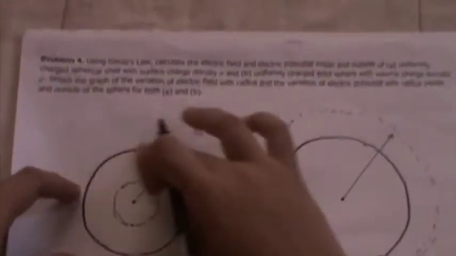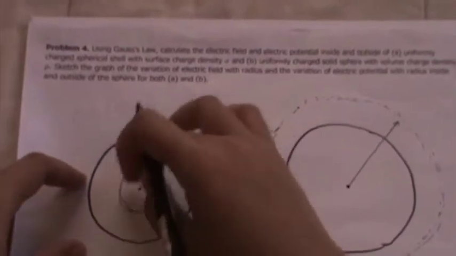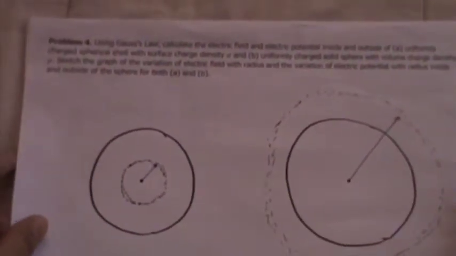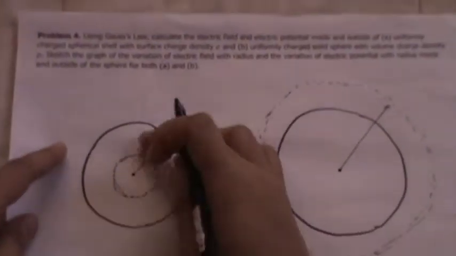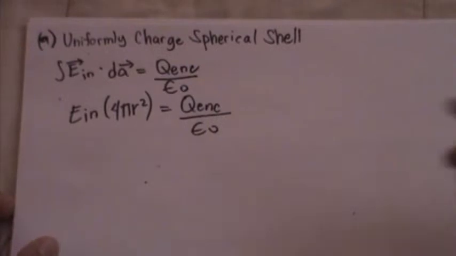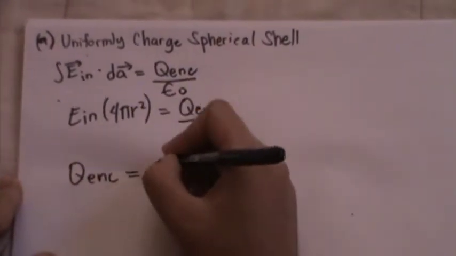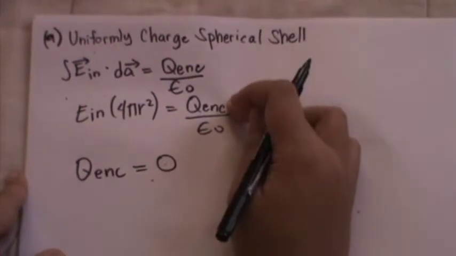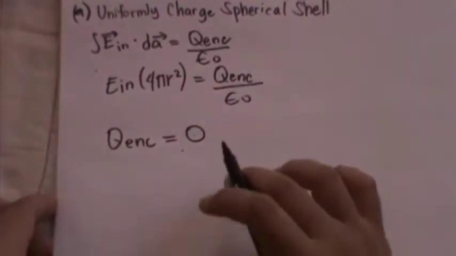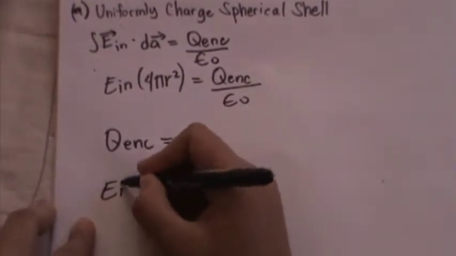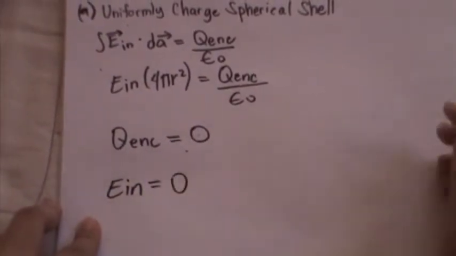Since it's only a shell and there is an empty space here, you can predict that there is no charge inside. So our Q enclosed is equal to 0. If Q enclosed is equal to 0, the electric field inside will be equal to 0.